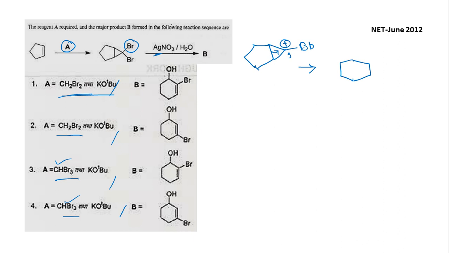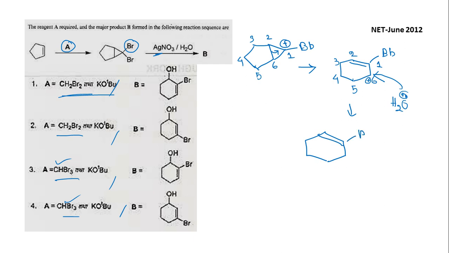So if I am numbering it 1, 2, 3, 4, 5, 6, the 2–6 bond is broken, and at 1 and 2 position there is a double bond, and at 6 position there will be a positive charge. At 1 position there is bromine. Now in the medium there is water, so water will attack here. So finally what we are getting is a 6-member ring, C=C, Br, and just beside Br there is OH.